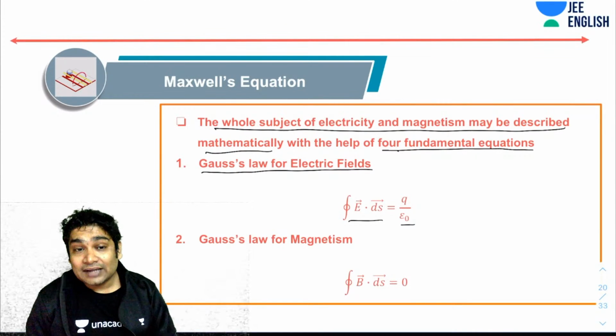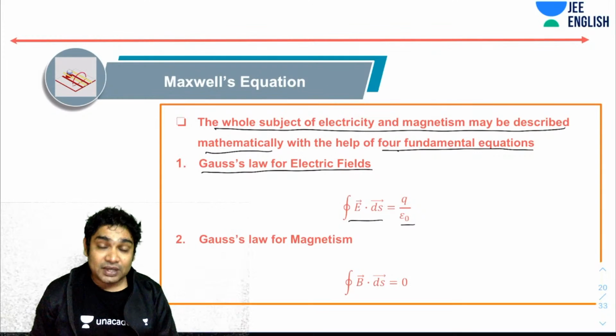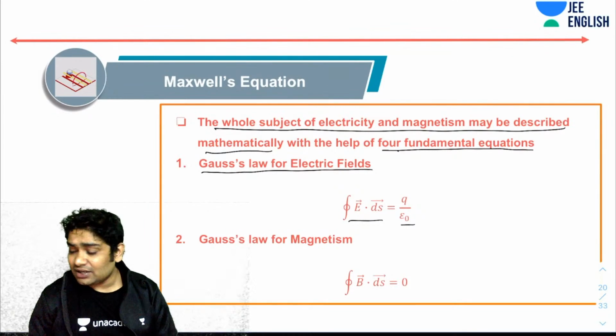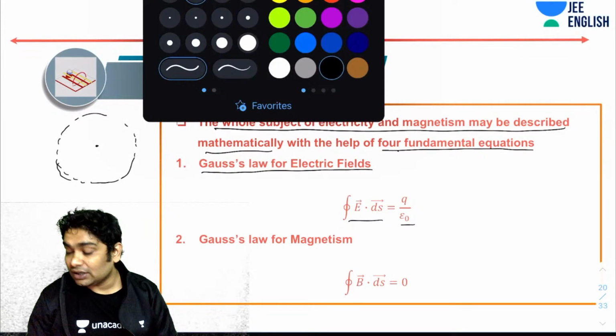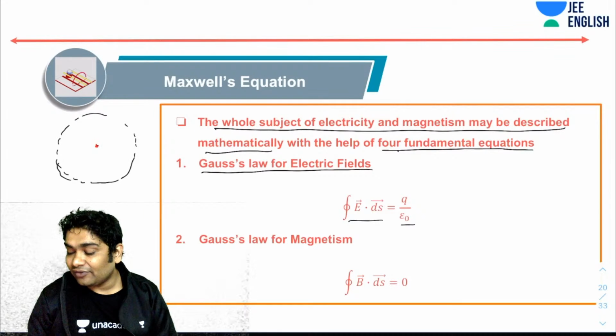Now you know that equations like Coulomb's law can be derived from this. Just imagine a point charge is kept here. With the help of Gauss's law, you can derive the expression for the electric field at any distance r from that point charge, correct? Now, if you have the electric field at any point, you know the force between any two charges.